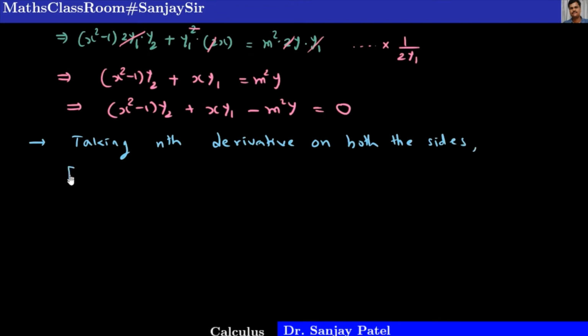I will write like this: x square minus 1 times y2, its nth derivative, plus nth derivative of x into y1, and here m square is constant, so that minus m square remains as it is, and nth derivative of y we can write directly as yn is equal to 0. And for these two we can apply the Leibniz theorem, because they are the nth derivative of a product of two functions.